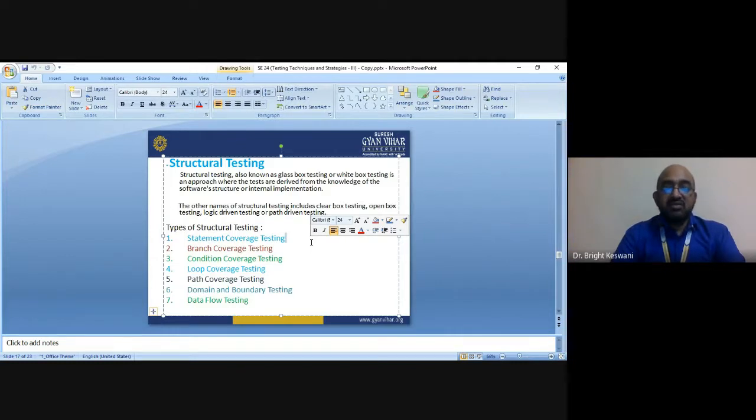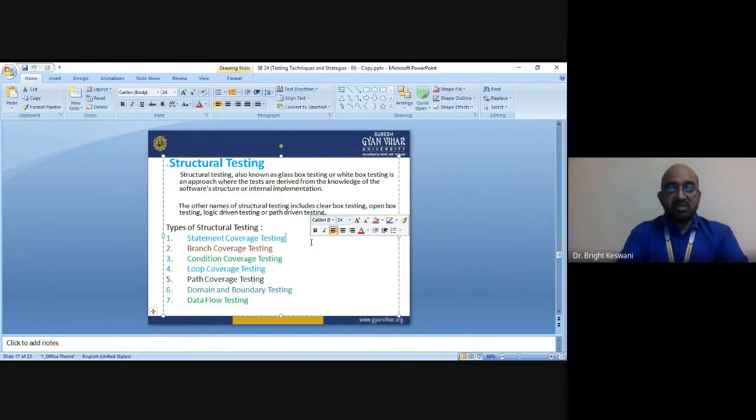Then path coverage testing. Path coverage is the most powerful form of white box testing. All paths are tested under this path coverage testing. The number of paths in a product with loops can be very large, and methods have been devised to reduce the number of paths to be examined.